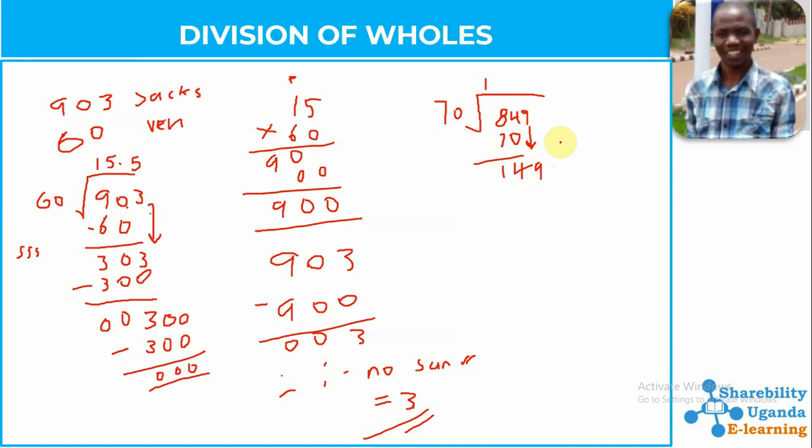We say 149 divided by 70. We try our 2 here. When you say 2 times 70, we get 140.